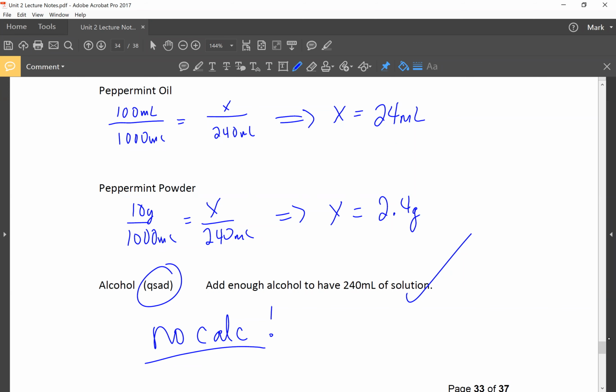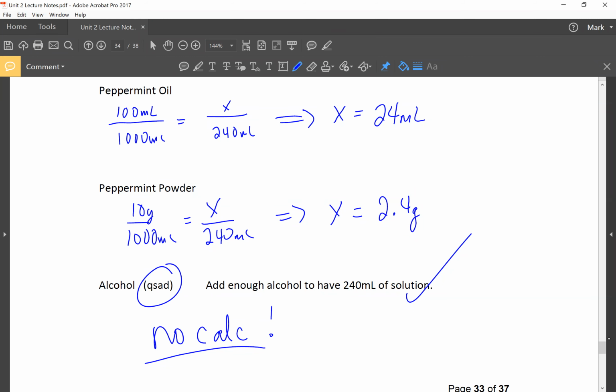So if you were giving somebody this recipe and you were converting it, you would say, okay, you would take 24 milliliters of peppermint oil, 2.4 grams of peppermint powder, mix them together, and then add enough alcohol to have 240 milliliters of solution. And again, there's no calculation for that.